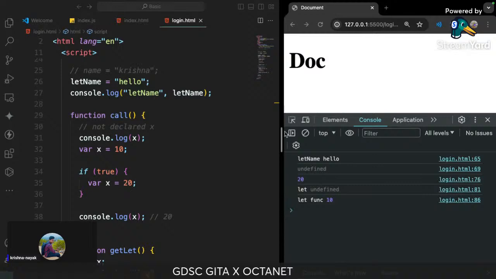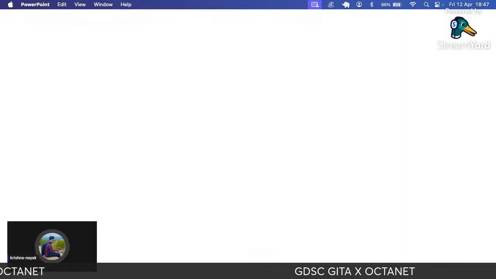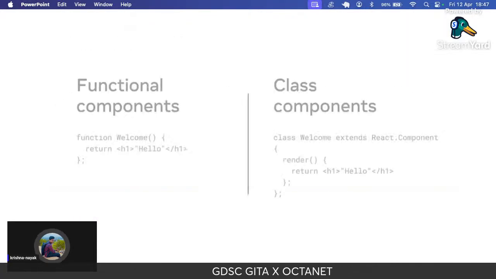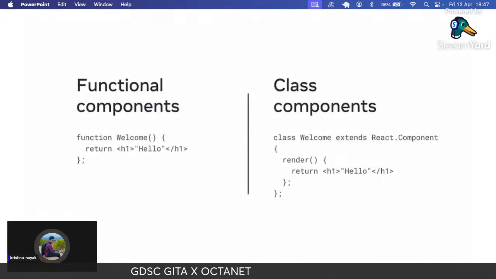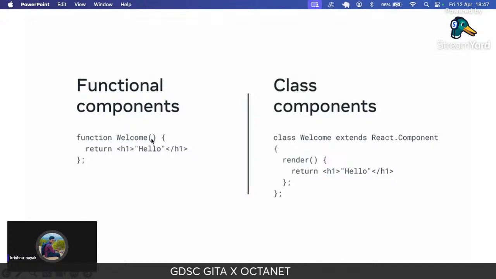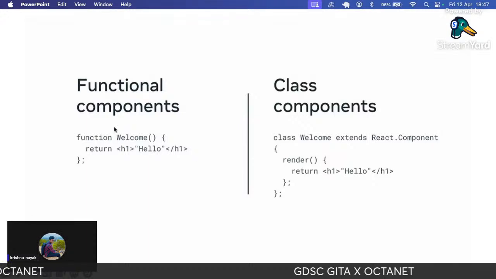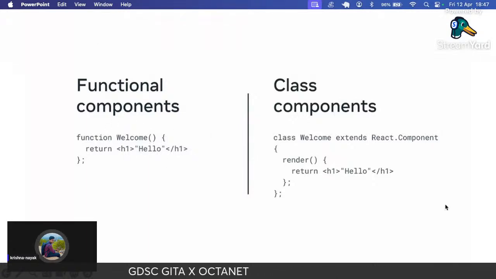Okay, so start with the project. Before we start, you should have an understanding of the functional component and the class component. A functional component is where a function is wrapped with props. Either we can put props or not, and we will return the HTML code, and this HTML code will be displayed over the browser.